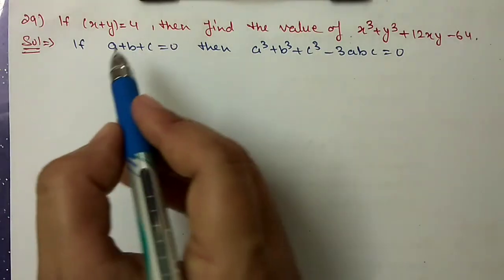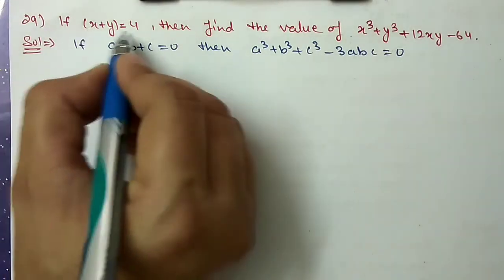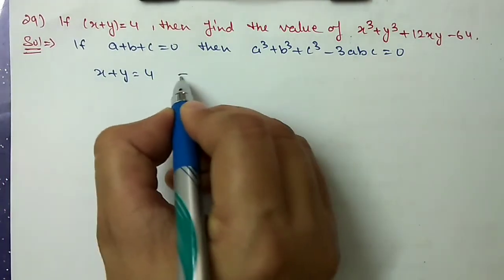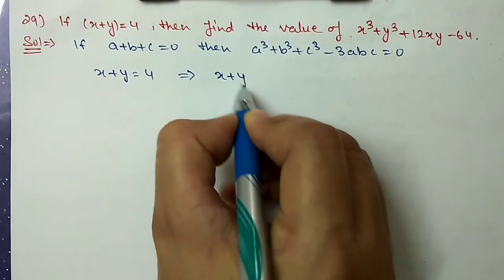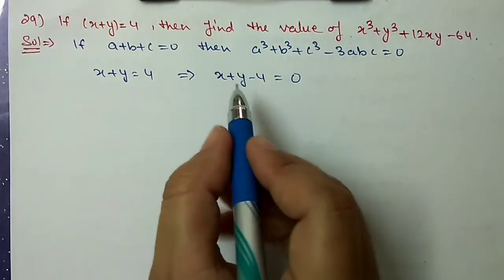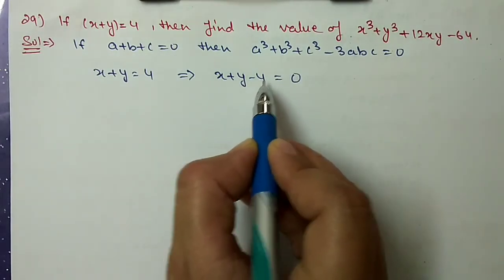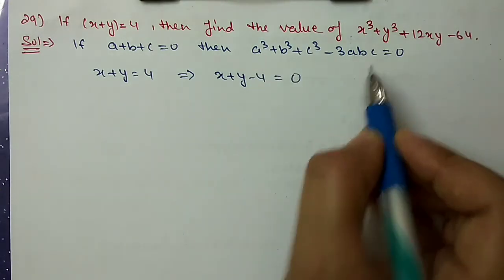Now we will change this a little bit. This is given x plus y is equal to 4. We can write it as x plus y minus 4 is equal to 0. So a value is x, b is y, c is minus 4. We will substitute here and check.